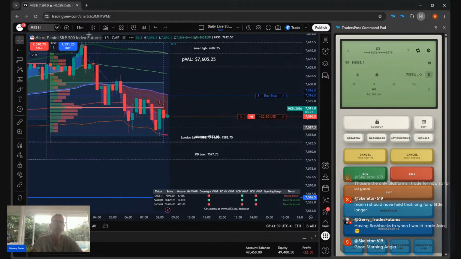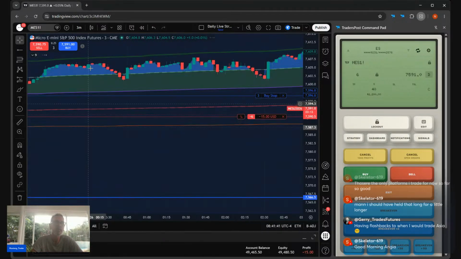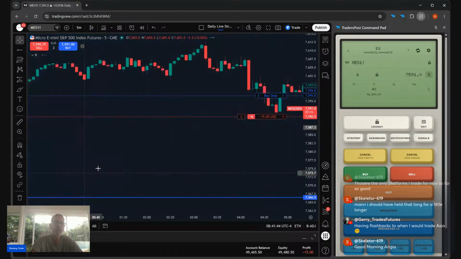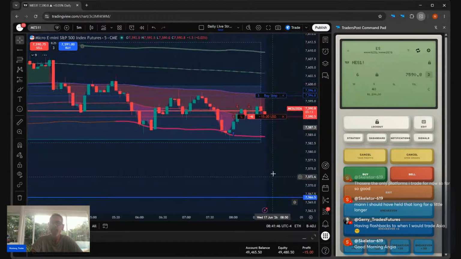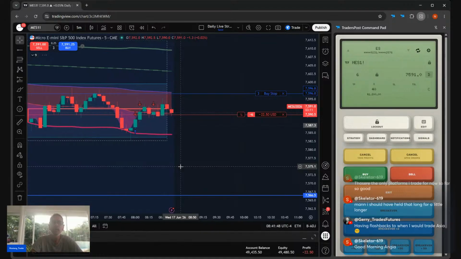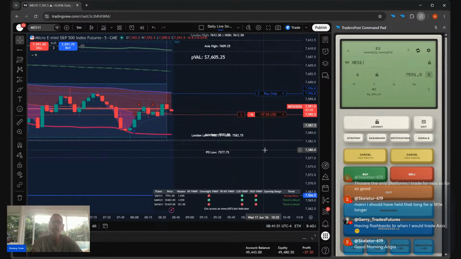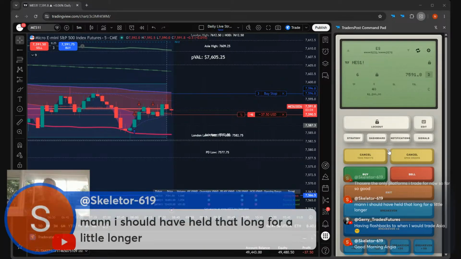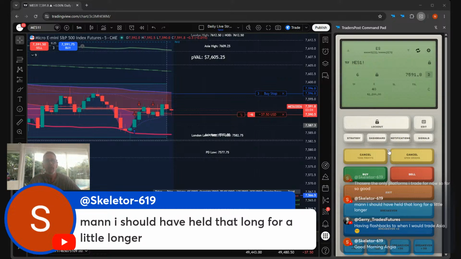Four minutes until this 15-minute candle closes. Let's look at the, whoops, look at the 5. Should have held that long a little longer.